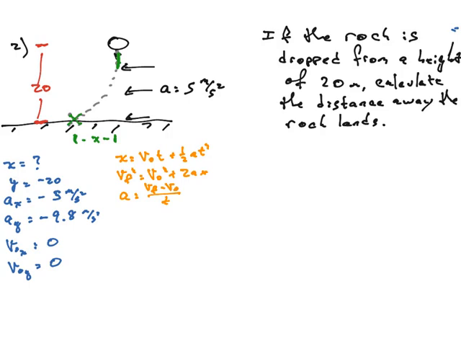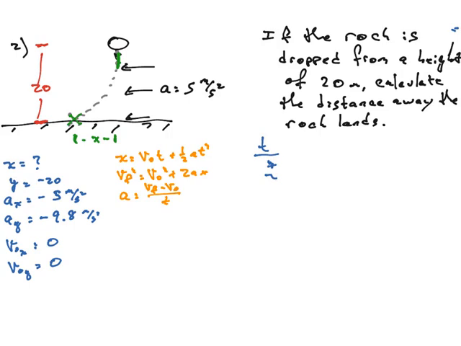Yes, it's negative 20. Do I know the y initial velocity? Yes, that's 0. I'm looking for t, do I know the y acceleration? Yes, negative 9.8. So here we go again. I can use the first equation to calculate t looking in the y direction.